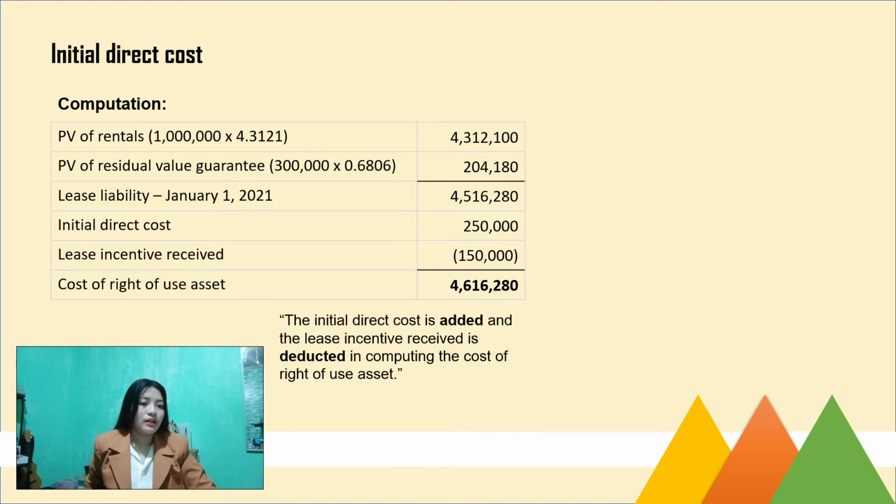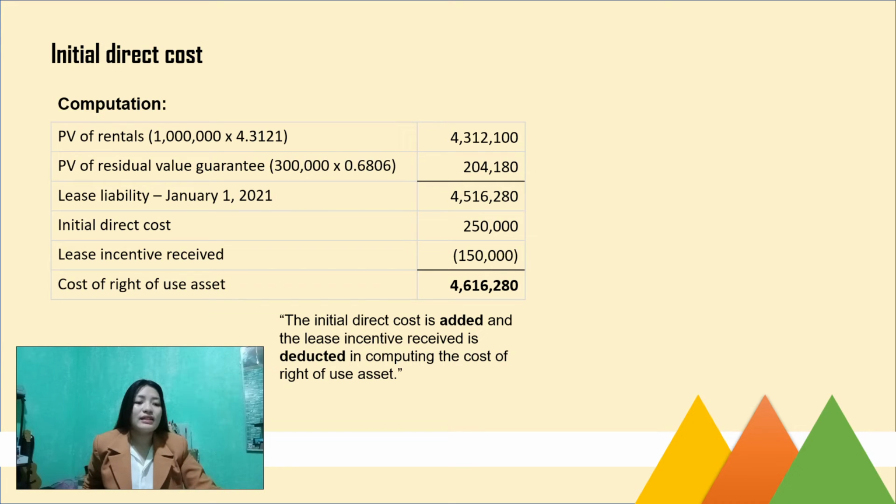So that will give us an amount of 204,180. So again, to get the lease liability of January 1, 2021, we will just add the two present values. And that will give us again 4,516,280.